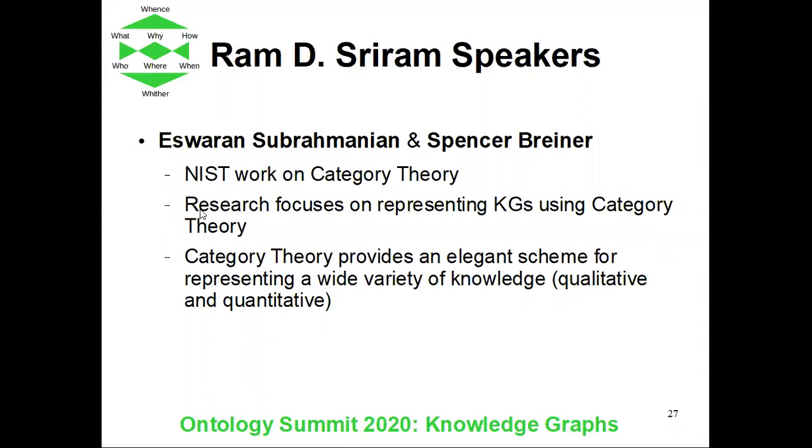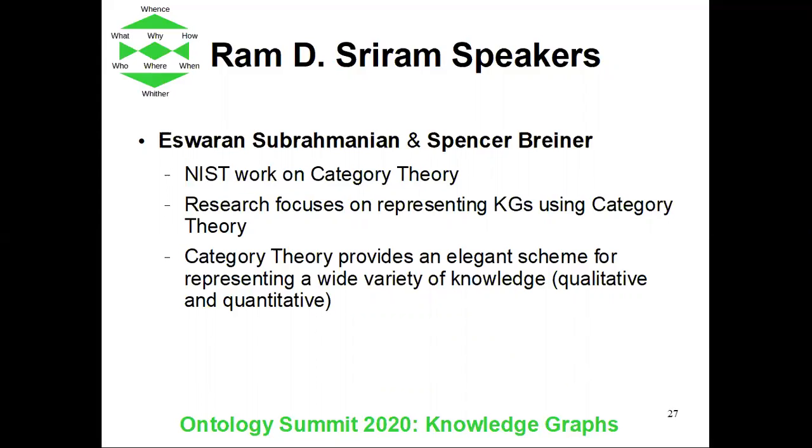Then we have Eswaran Subrahmanian and Spencer Breiner, who have been working at NIST on category theory, and their focus is on representing knowledge graphs using category theory as a paradigm. And now if you look at the ontology spectrum, which Gary Berg showed, there are different kinds of representational formalisms.